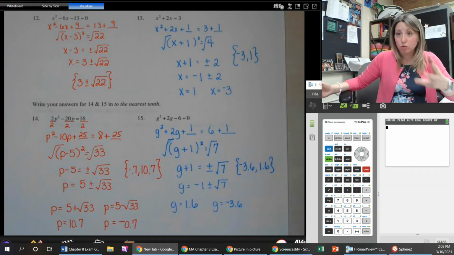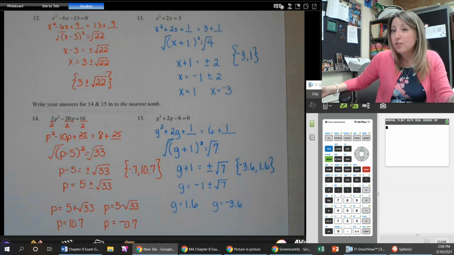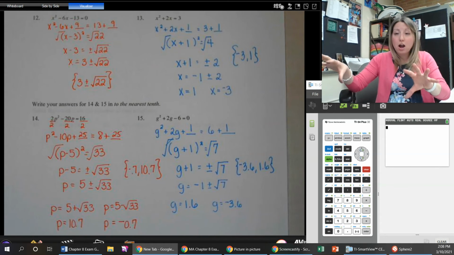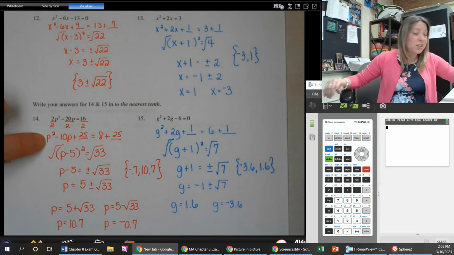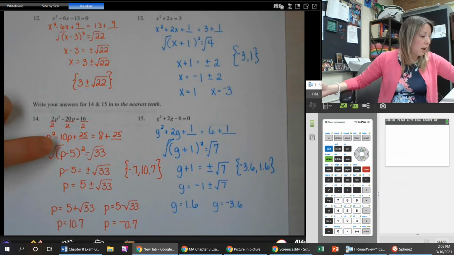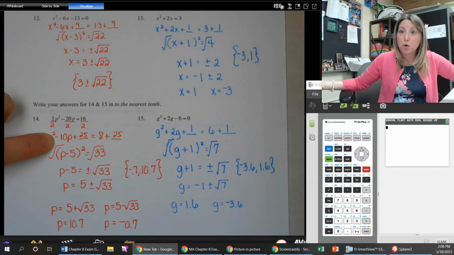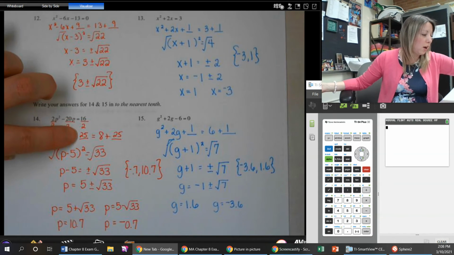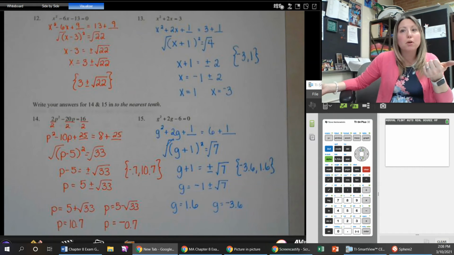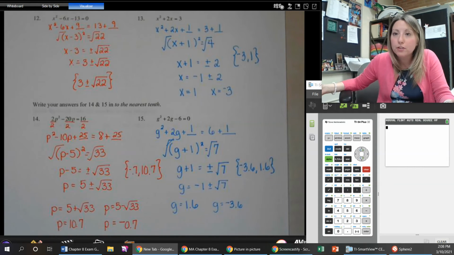Down here, I reminded you, you have to divide everything by 2 to start. Then you can add your constant to both sides that makes this side a perfect square trinomial. And it's 25, of course. Negative 10 divided by 2 is negative 5, and negative 5 squared is positive 25. So that's what I add to both sides. Again, 33 under the radical, not a perfect square, not evenly divisible by any perfect squares.